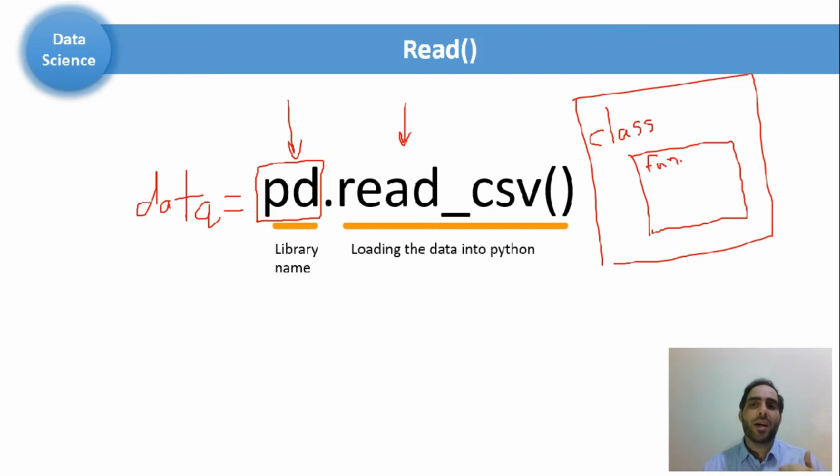But in order for us to access these functions, first I need to create an object from the class. So here I have created an object, for example data. Now after that, I can start using all the functions available in the read underscore class.